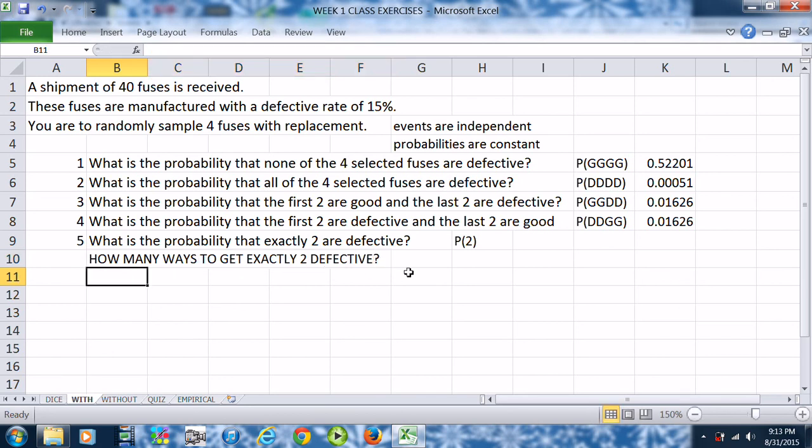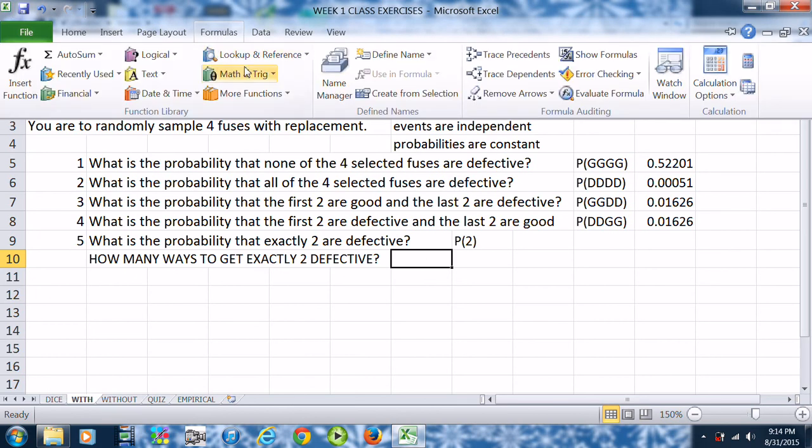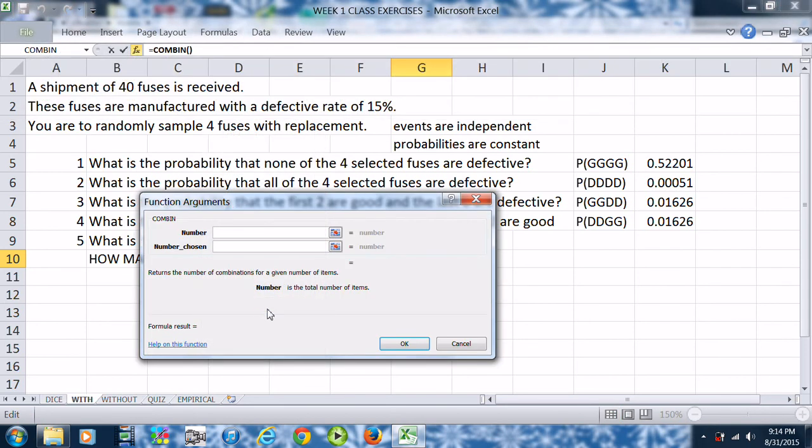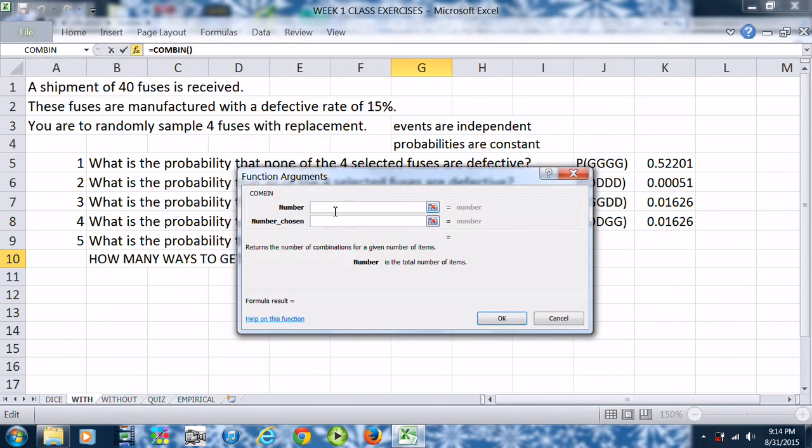And to do that, we use a combin, as in a combination. We basically want a combination of 4 choose 2. From the 4 selected fuses, choose 2 of them to be defective, and that will give us the number of ways to get 2 defectives from 4. So combin, that formula is up here under formulas in the math trig, and you find combin, where the number of fuses is 4 and the number of defectives chosen is 2.